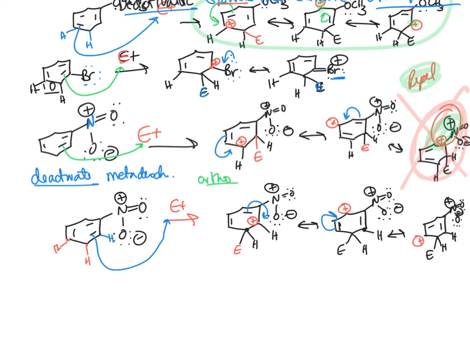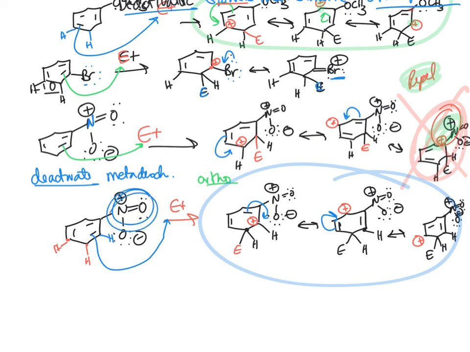As you can see, you never have any of the positive interactions on the meta. So that is why it is a meta director. All of your meta directors have a positive or a delta positive carbon attached to the ring, and you really want to avoid this positive repulsion.